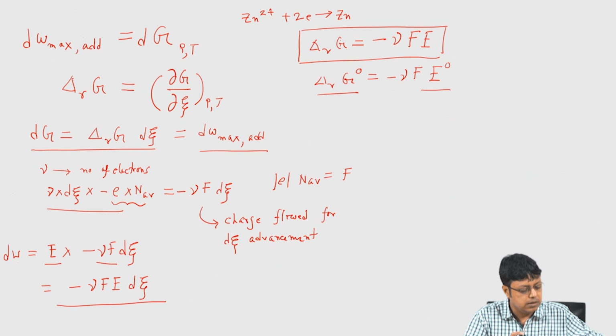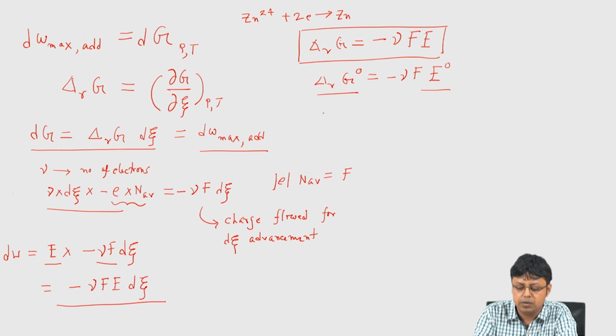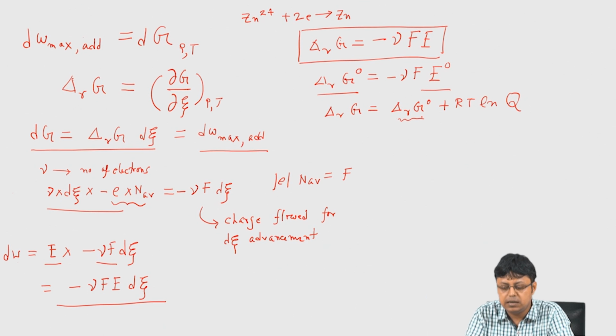Now, the question is how to define this E 0, but before that, just like in chemical equilibrium, delta R G was delta R G 0 plus R T ln Q, where Q is the reaction quotient.